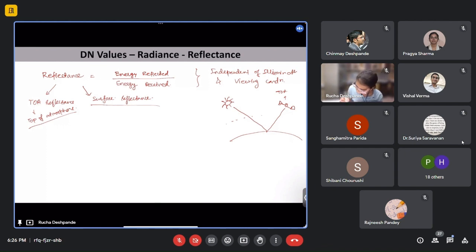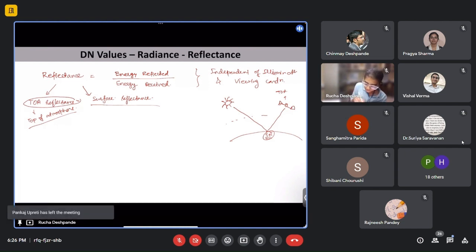Surface reflectance would be measured here at the surface, in which we remove all the atmospheric effects and source-sensor geometry, and then we obtain the surface reflectance. The source-sensor geometry would be corrected here in TOA reflectance itself. So we will look at that.